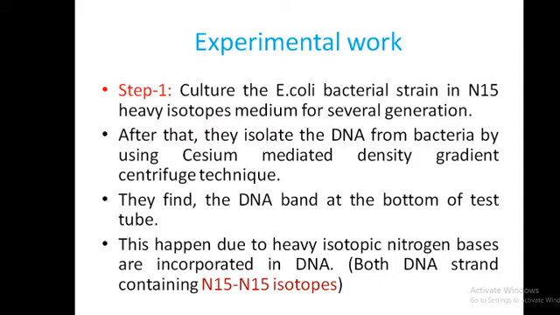When we centrifuge such molecules, due to the heavy mass the DNA shifts to the bottom. This happens because heavy isotopic nitrogen bases are incorporated in the DNA, that is, both DNA strands contain N15 N15 isotopes.